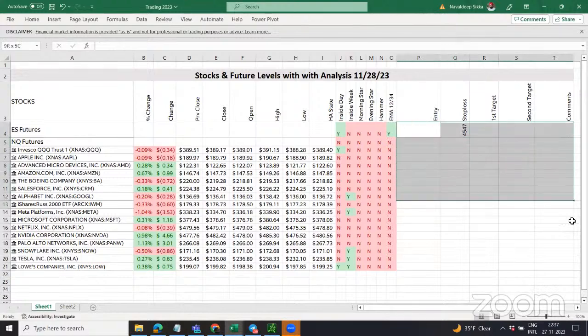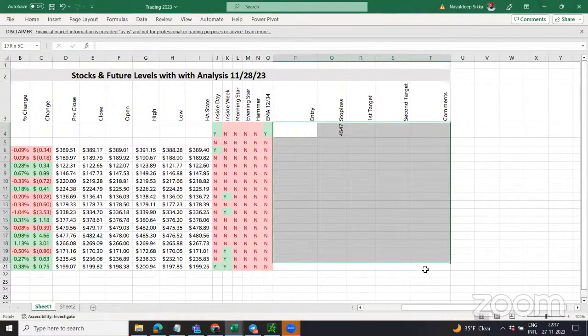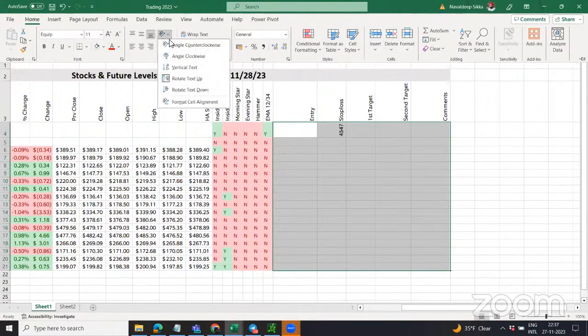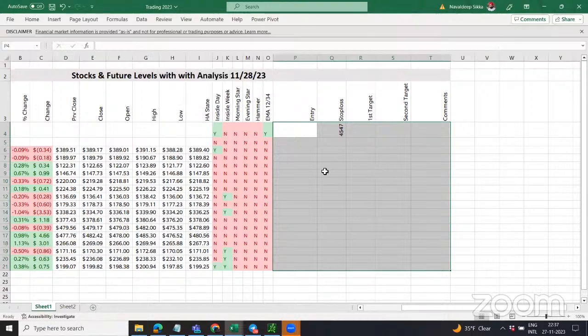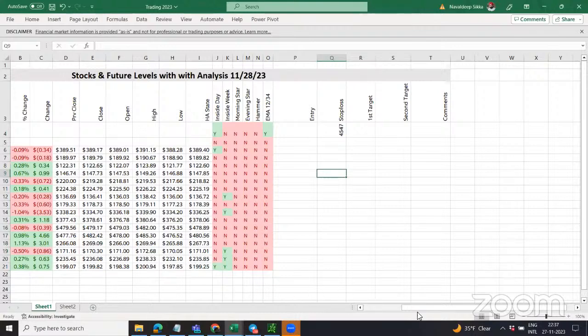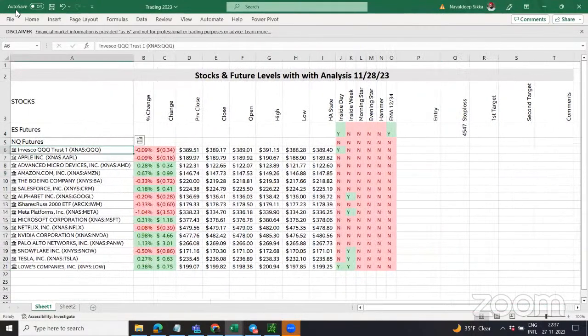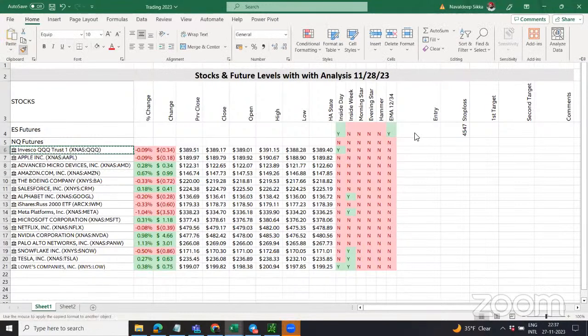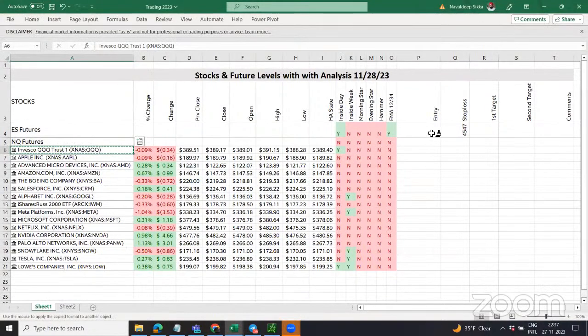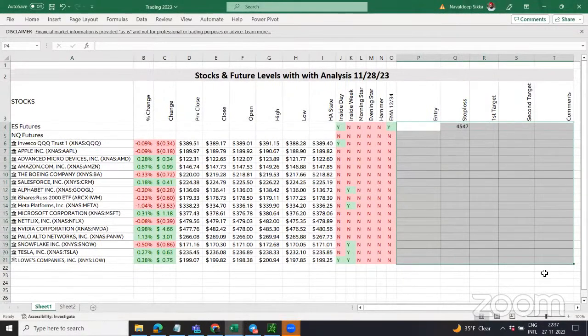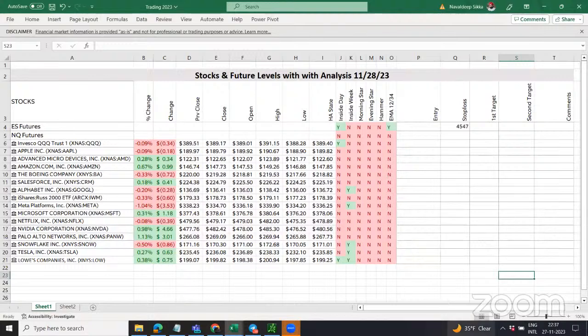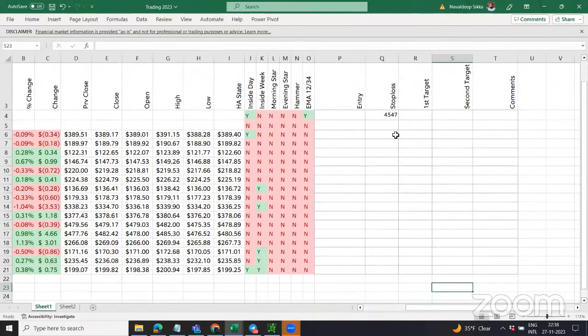Let me just mark them. 4547 is my stop loss.